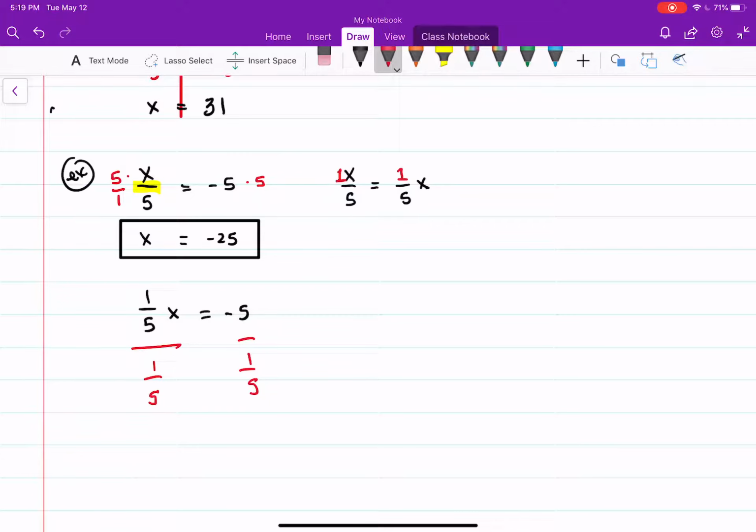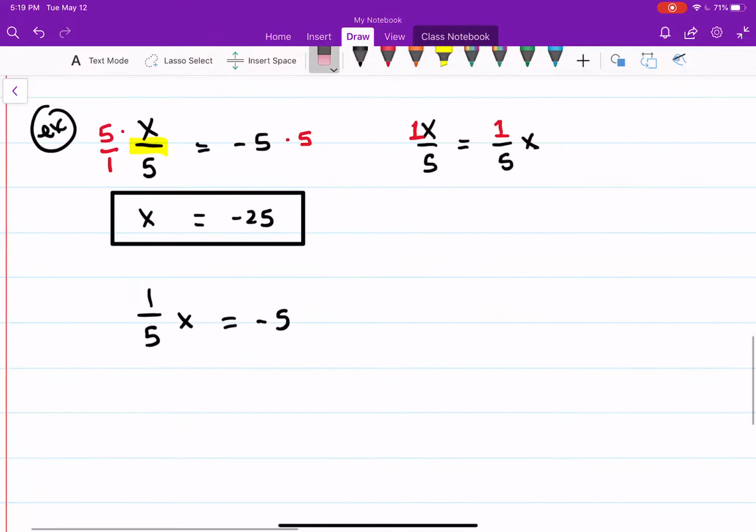And there is a way of doing that, and don't get me wrong. I'm just, like I said, the reason why I showed you multiplicative inverse is because dividing by 1/5 is the same as me saying, okay, I'm gonna multiply this side by 5/1.